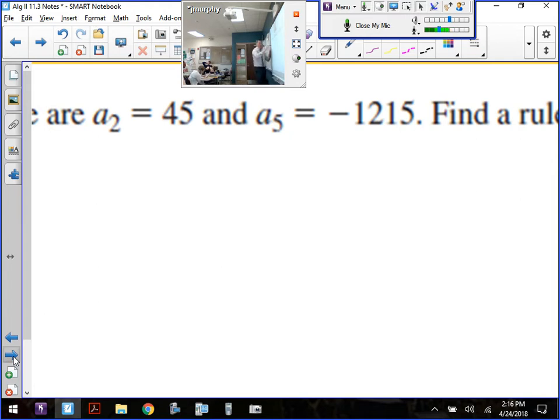So figure that you've got your rule, your nth term, first term, r to the n minus 1. So your second term is 45, which is the first term times the rate to the 2 minus 1. Get that? We're going to substitute into the rule. Same thing over here.